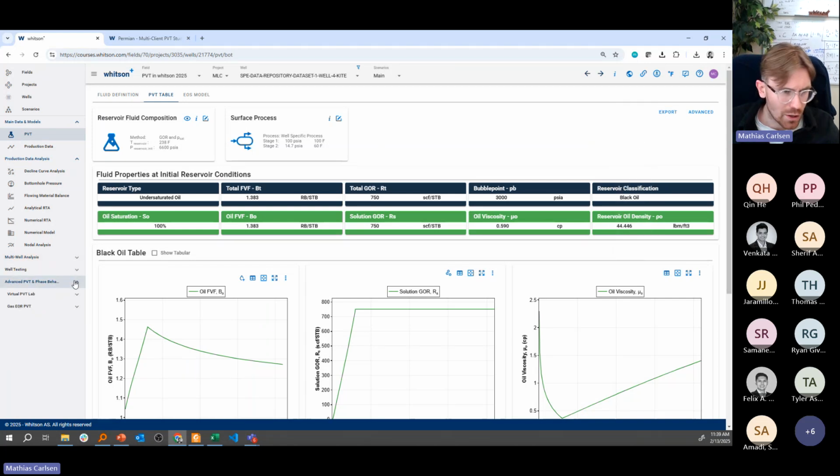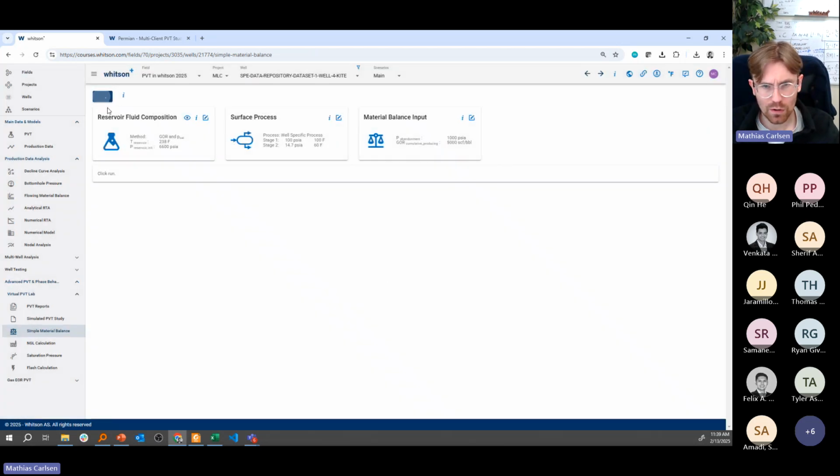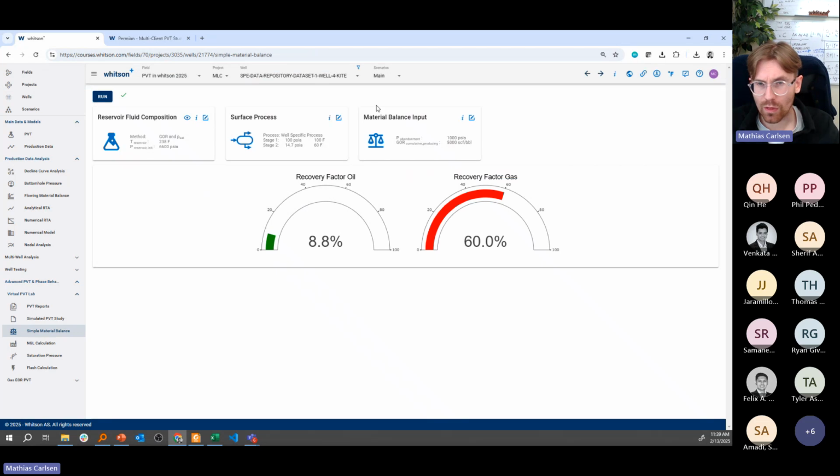Some of you also like to use a feature. I'll just show this feature real quick. It's called Simple Material Balance. Simple material balance is a way for you to assume an abandonment pressure and a cumulative producing GOR. So let's say I use something like this, and it will then calculate recovery factors for you with those assumptions. Let's say you have a DCA forecast of oil and gas.